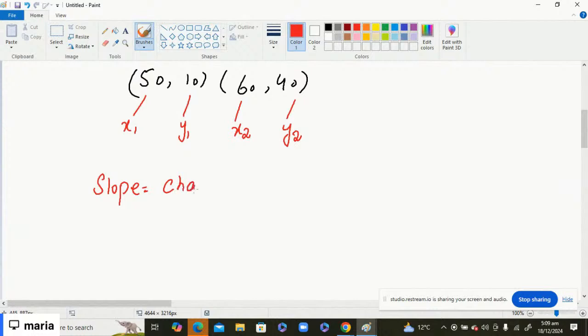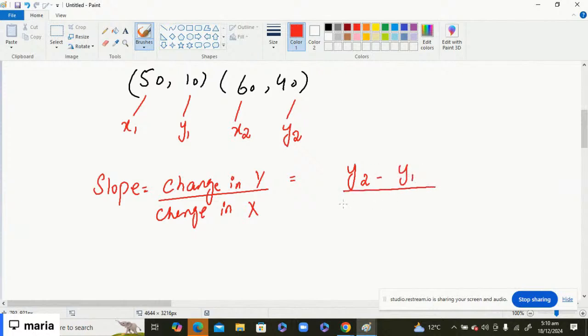Change in y over the change in x. What is change in y? This is y2 minus y1, over x2 minus x1. What is y2 minus y1? 40 minus 10.